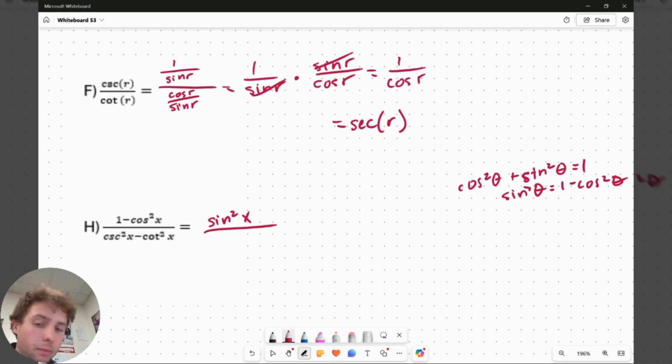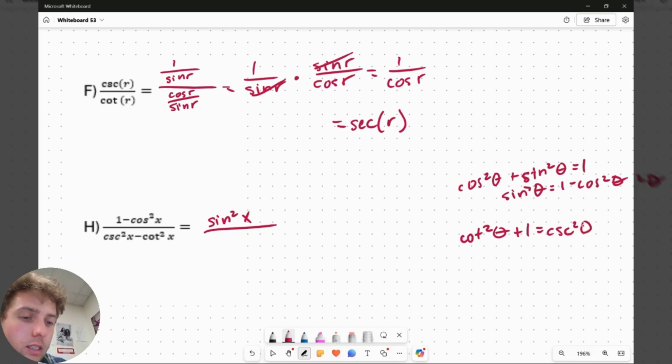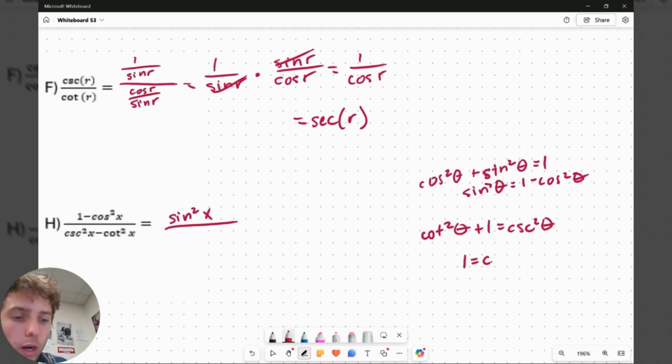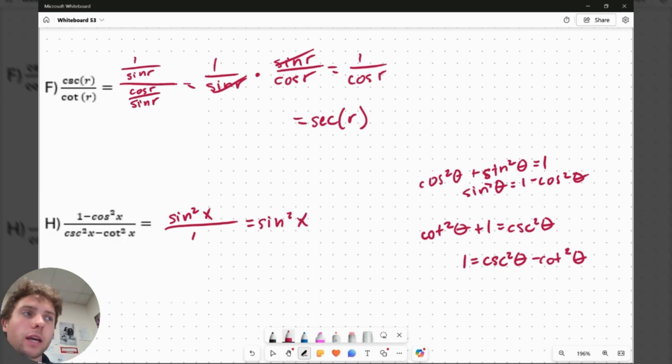The bottom, cosecant and cotangent, one of our formulas actually utilized both of those, and it was this. Well, maybe I need cosecant minus cotangent, so that would be 1. Okay, well, now I can replace the bottom with just 1, and this is just sine squared x. And now we have another answer.